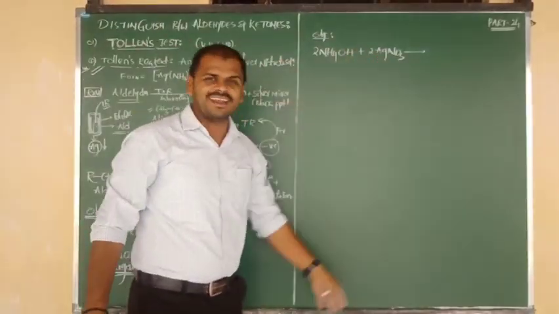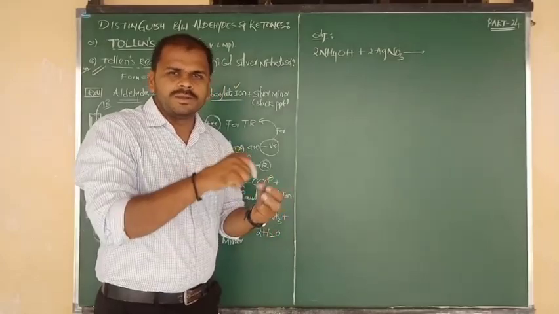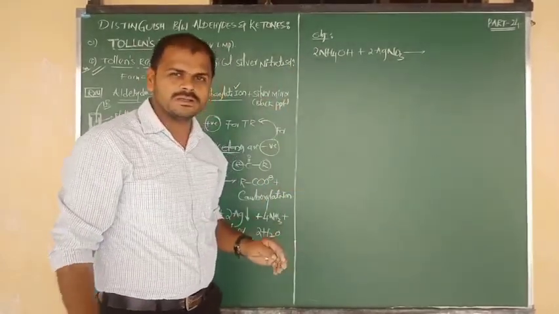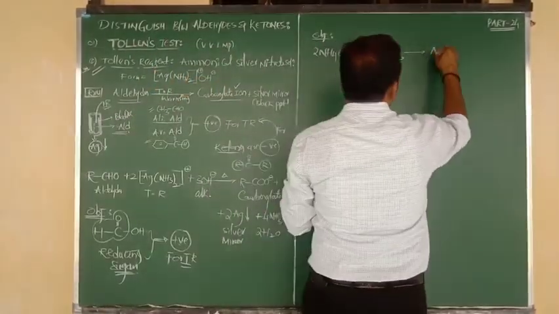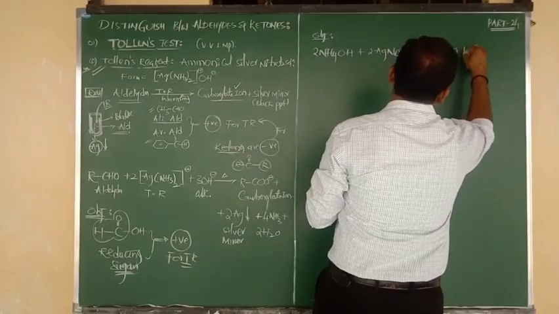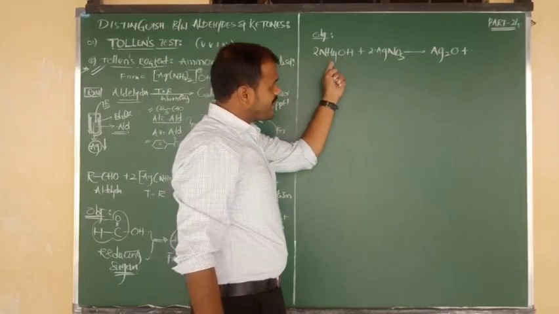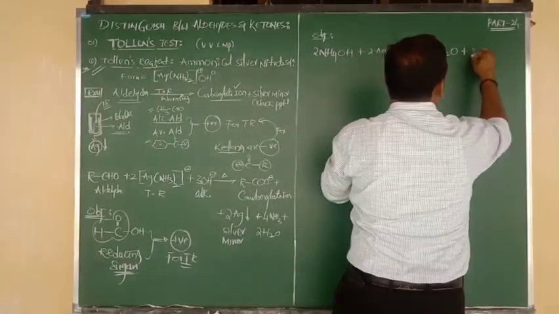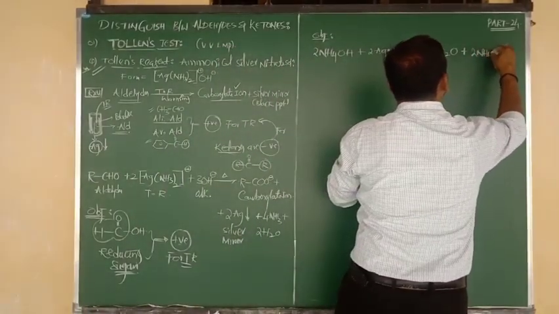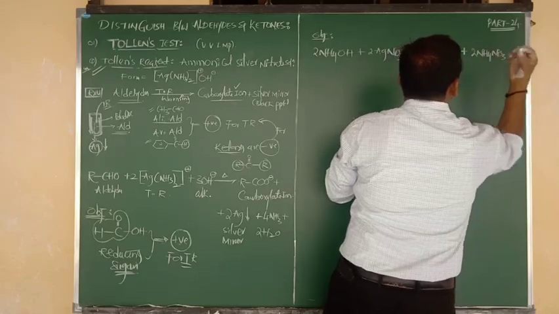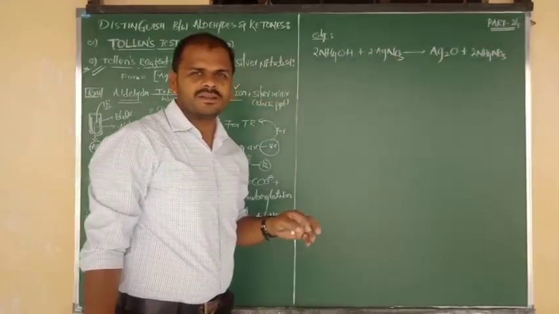Ammoniacal silver nitrate. First of all, a reaction takes place between these two compounds, and initially we get one intermediate, that is Ag2O, silver oxide. Remaining 2 moles of NH4 and 2 moles of NO3, we can write as 2 moles of ammonium nitrate.